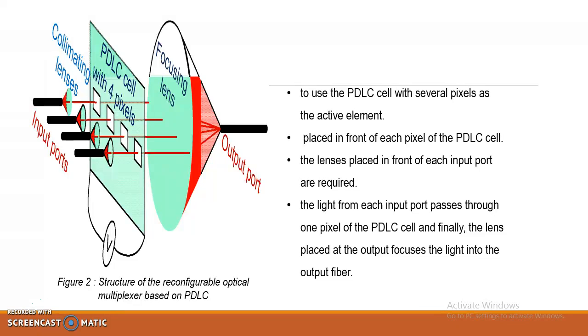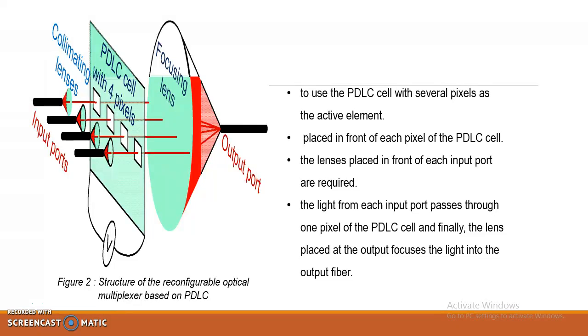By using this structure, when no voltage is applied to the PDLC pixel, the light that comes from the input port is scattered in the PDLC cell. Therefore, it is not focused in the output port. On the contrary, when enough voltage is applied to the PDLC cell, the light can pass through the PDLC cell, being focused on the output port.